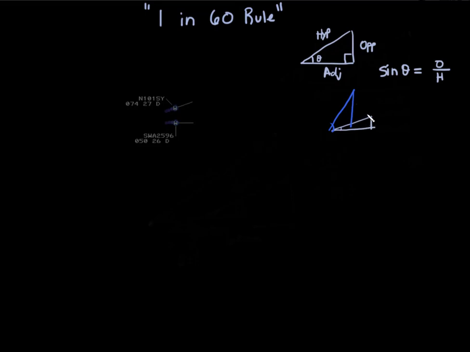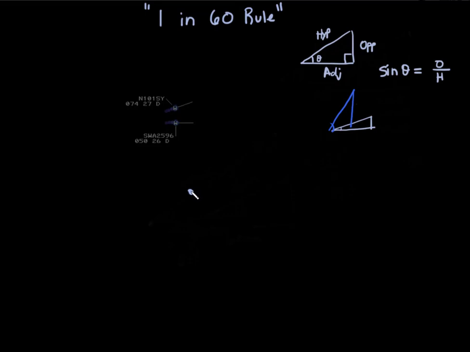So the ratio sine is dependent on the measure of theta, or the measure of this main angle up here. So let's look at this problem in terms of trigonometry.